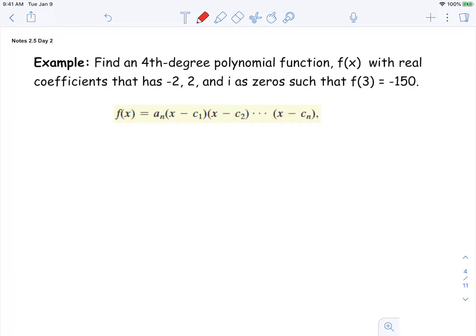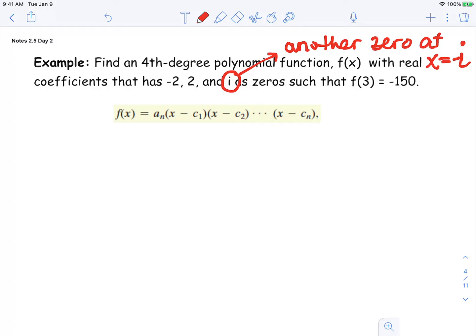So since this is a complex number, you're going to have another zero at its conjugate, x equals -i, because complex numbers occur in pairs with their conjugates.